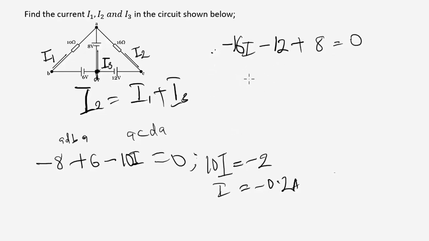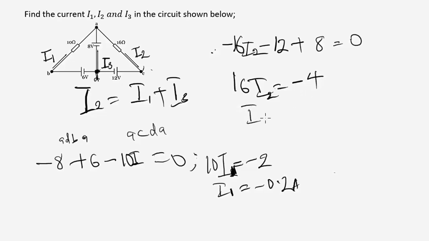So when we equate this to 0, we can actually find I. Okay, so over here we can simply say, alright, let's recall that the I here is the one across this, and that's I2, whereas the I here is the one across this, which is the I1. That's I1. Alright, so to find I2, we can simply say that 16I2 is equal to minus 4, right?